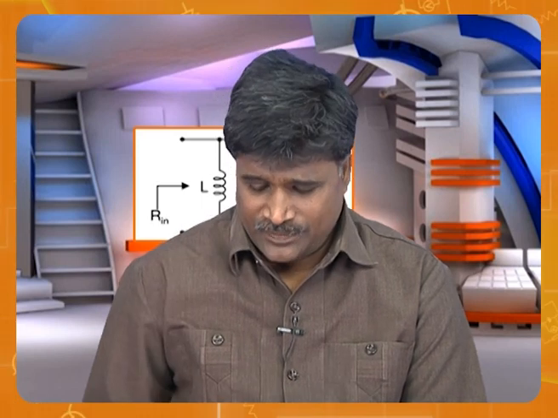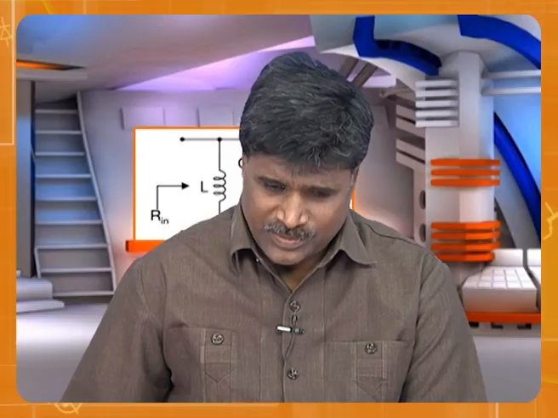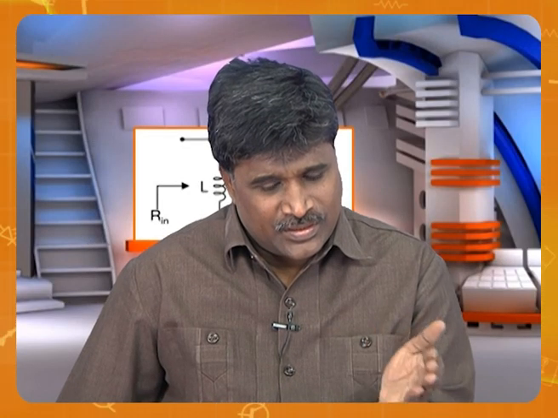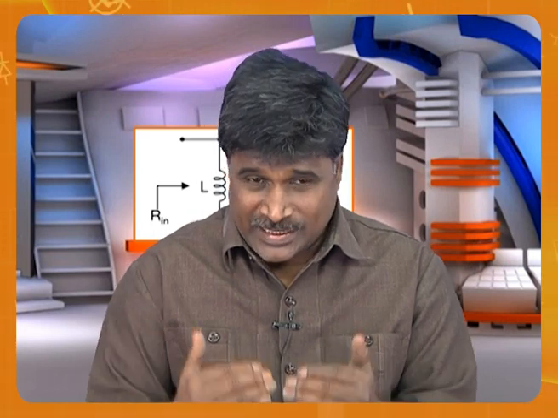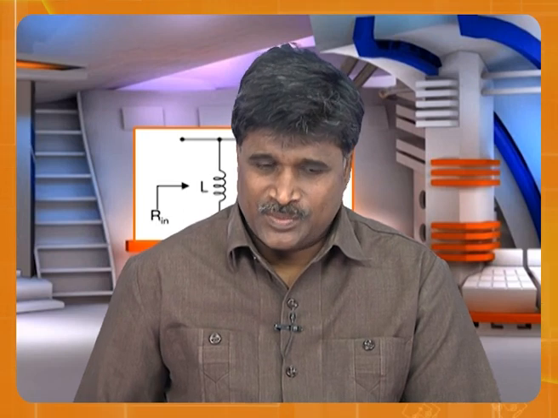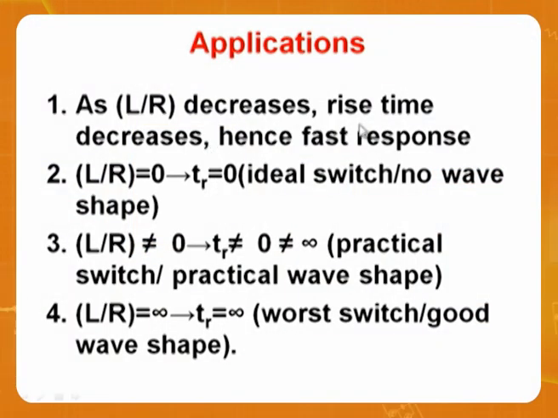Because just now you saw, 2.2 into tau. That means as the time constant decreases, rise time decreases. It is rising within less time means what? Fast. So please understand that L by R decreases, rise time decreases, and hence it is fast response.